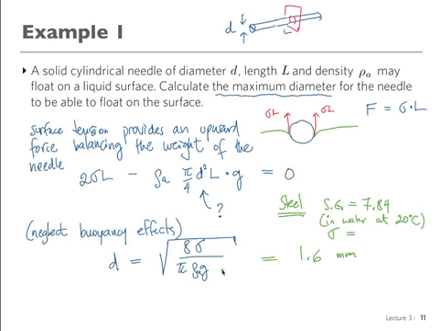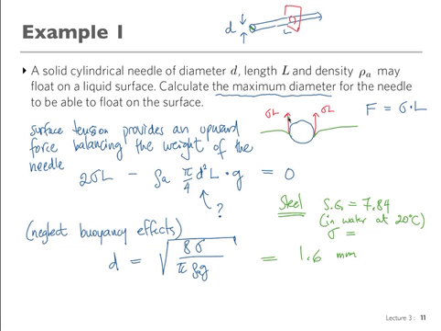Yes? It's always based on the submerged length. On the partially submerged, the length in contact. In contact, yes. We could, in this problem, be a little more rigorous. We could have considered the diameter. I'm considering that it's right at the length, and the surface on this face doesn't really matter.